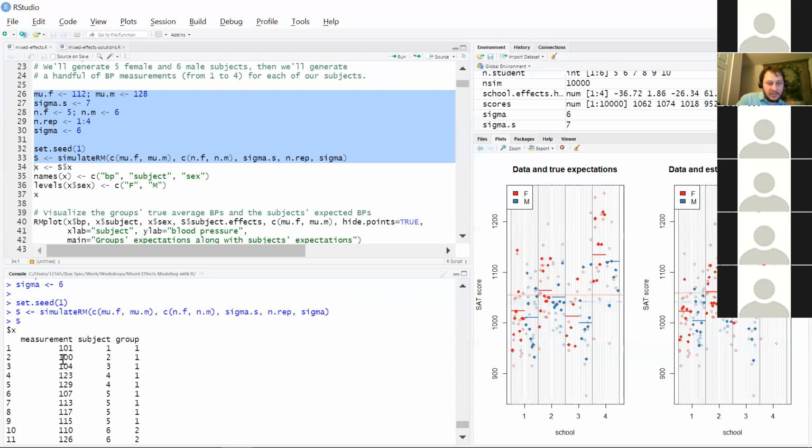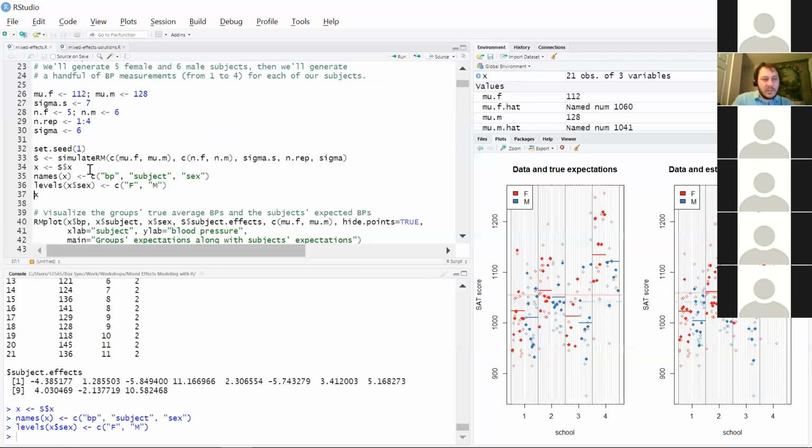Subject 2 had a 100. Subject 3 had a 104. Subject 4 had a 123 and a 129. And they're in groups 1 and 2. My function doesn't give these descriptive names because I want it to be something you could play around with, simulating your own fake data sets and seeing how things work.